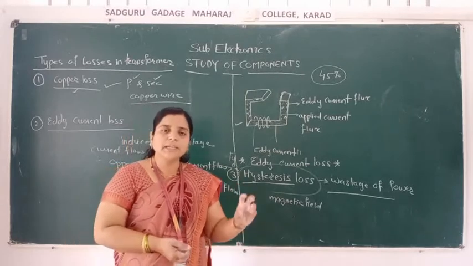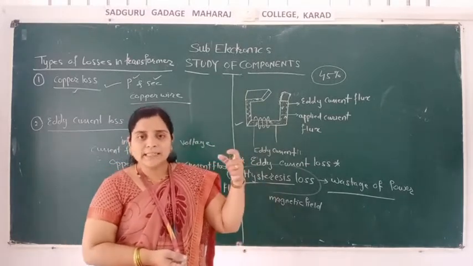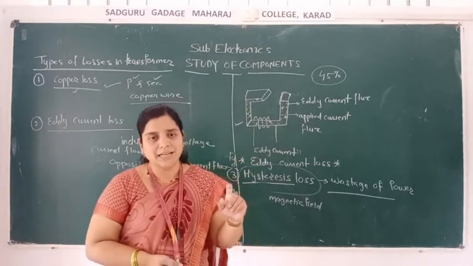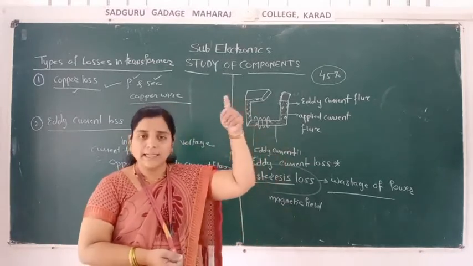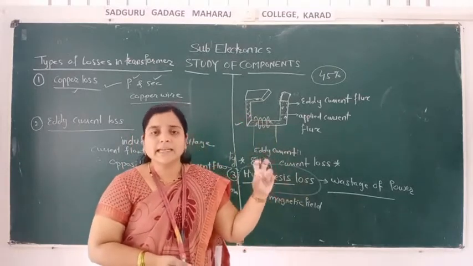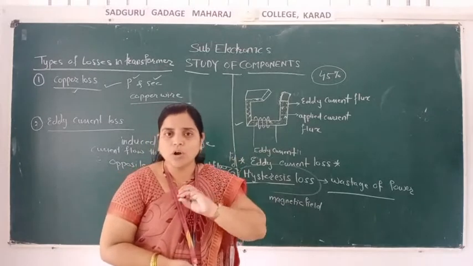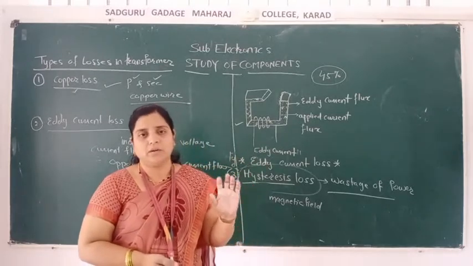But in practice it does not happen, because AC is always given to the transformer. AC means alternating current. Whatever current comes from the MCB, that current we are giving to the transformer, and that current is not always fixed current or fixed voltage.